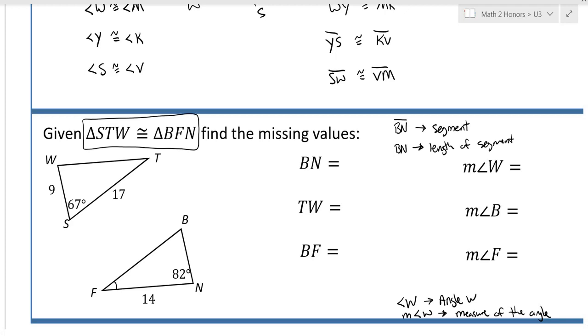So BN, we don't know what that is. We know FN is 14, but that's not given.